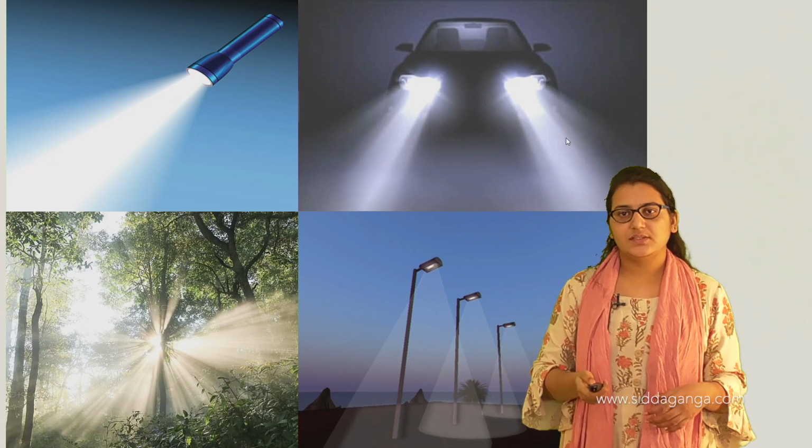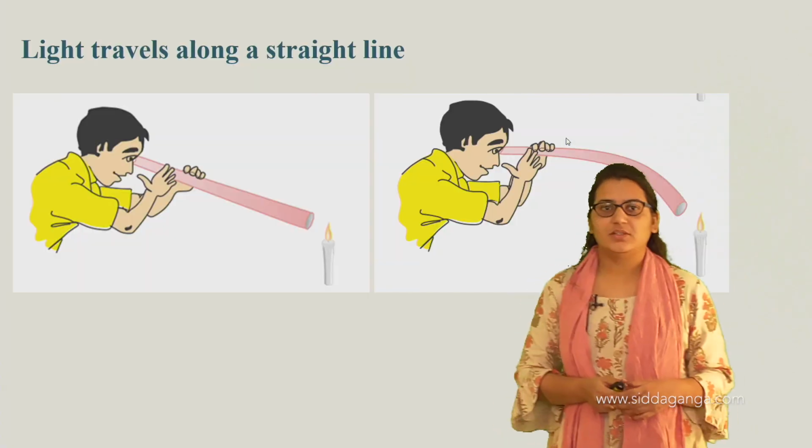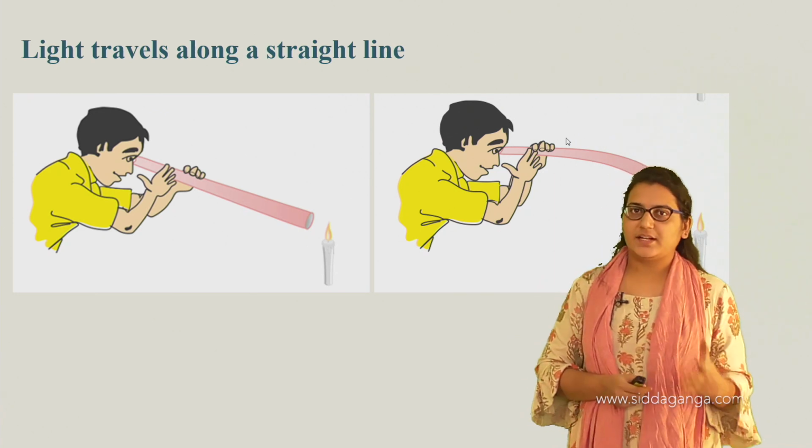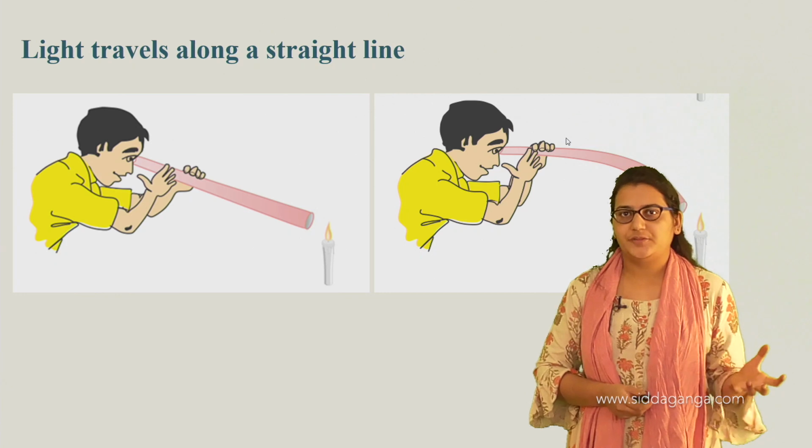Here's an activity where we can confirm whether the light travels in a straight line or a different path.